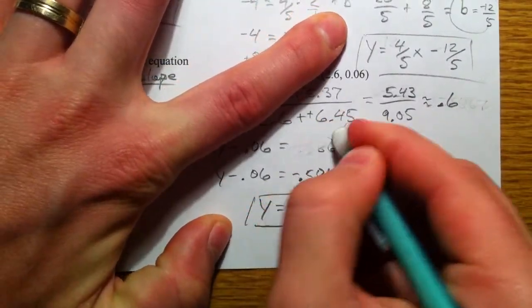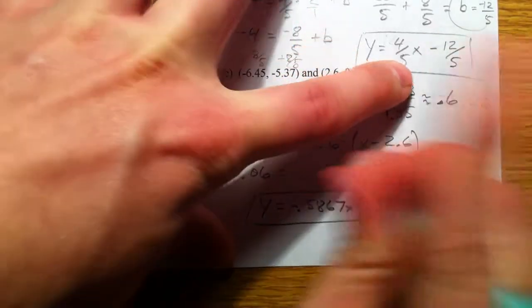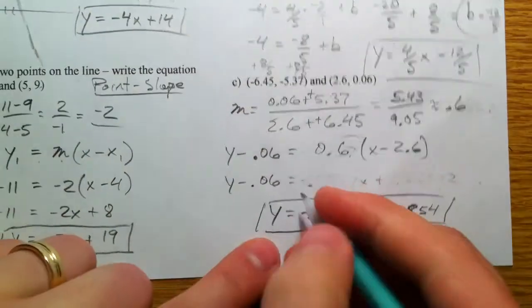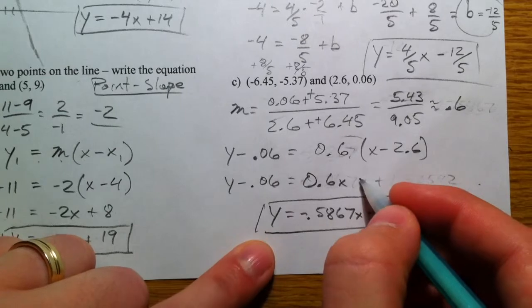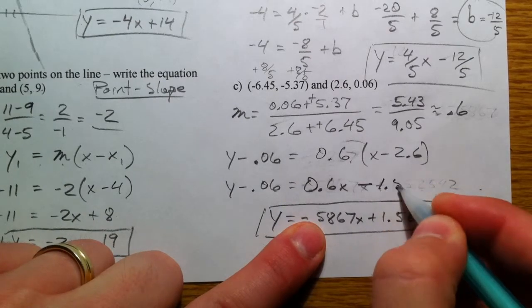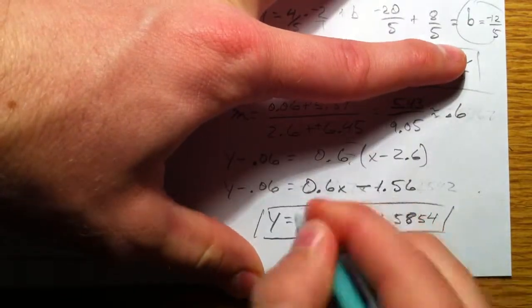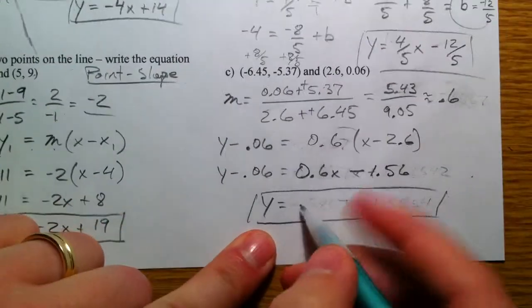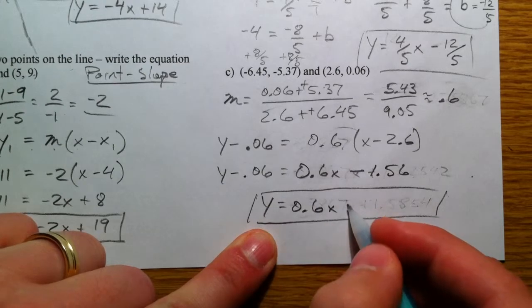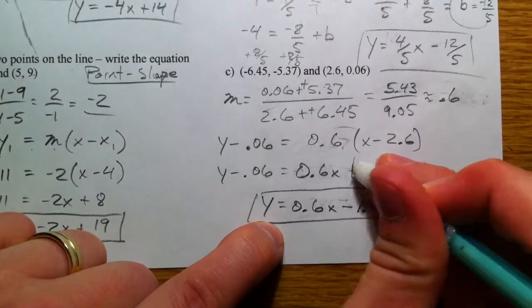And so we get 0.6 x minus 1.5. Phew. And that's why you look back over your answer, right?